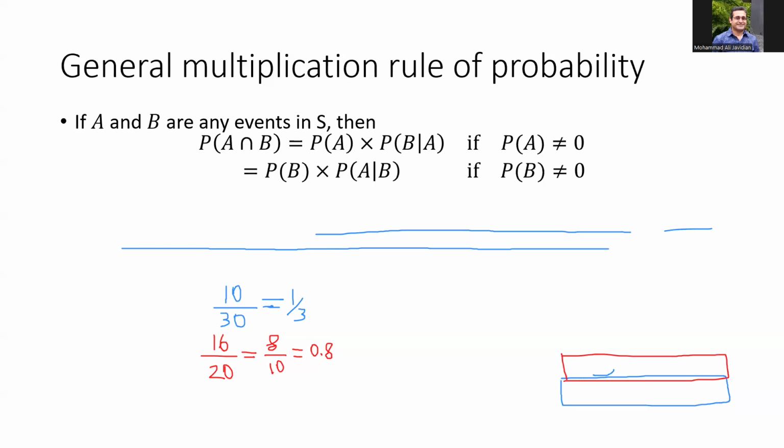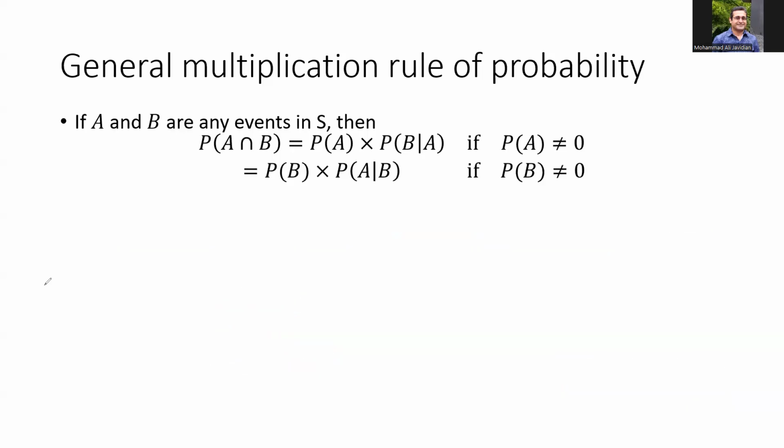Another concept related to the conditional probability is the general multiplication rule, which means when we have P of A given B, the conditional probability is defined as P of A intersection with B divided by P of B. So if you do the cross multiplication, you get the formula for the general multiplication rule of probability.